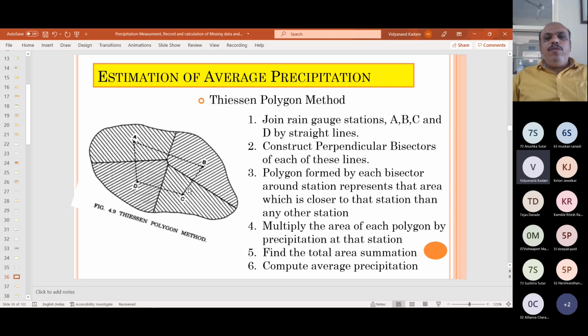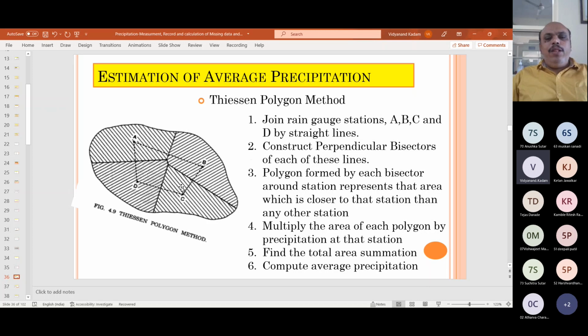So we have solved one small problem on that, and this method was rough, and that's why some precise methods were invented, and this is the second method, Thiessen's polygon method. Thiessen's polygon method consists of construction of Thiessen's network.